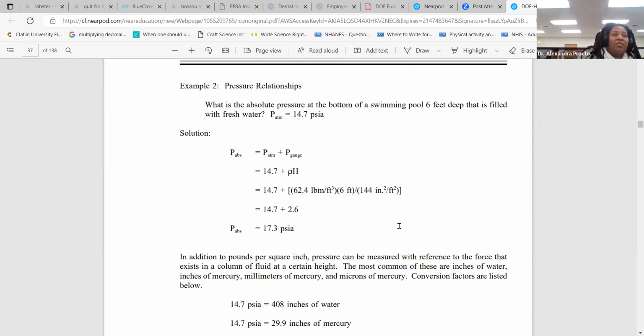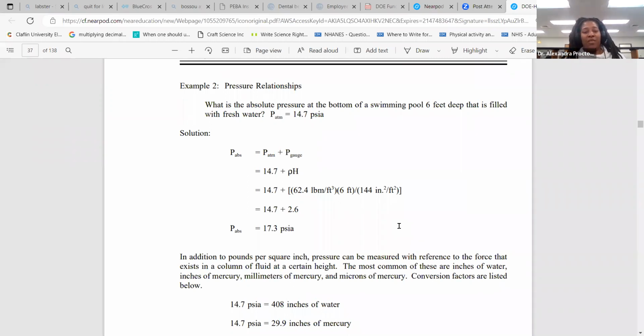The ocean has all this salt and minerals, and 62.4 is the standard for the water that you have in a pool, which is not as dense as ocean water. Yeah, this book assumes that. Okay.